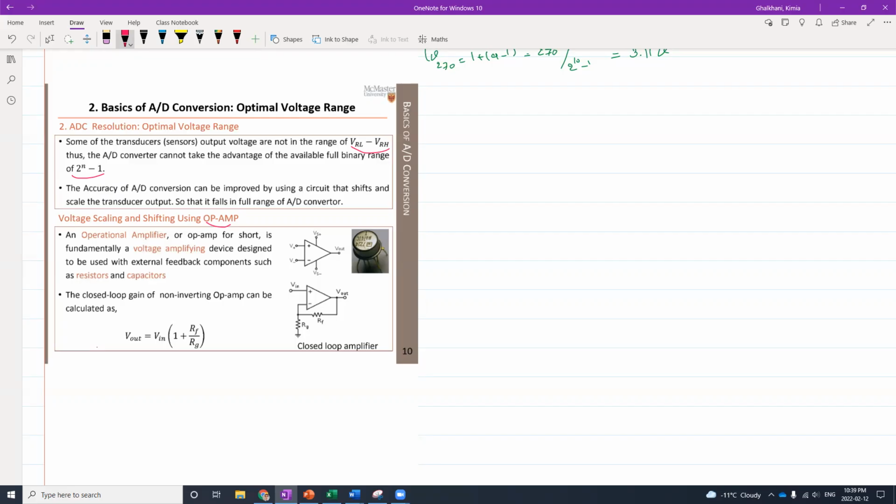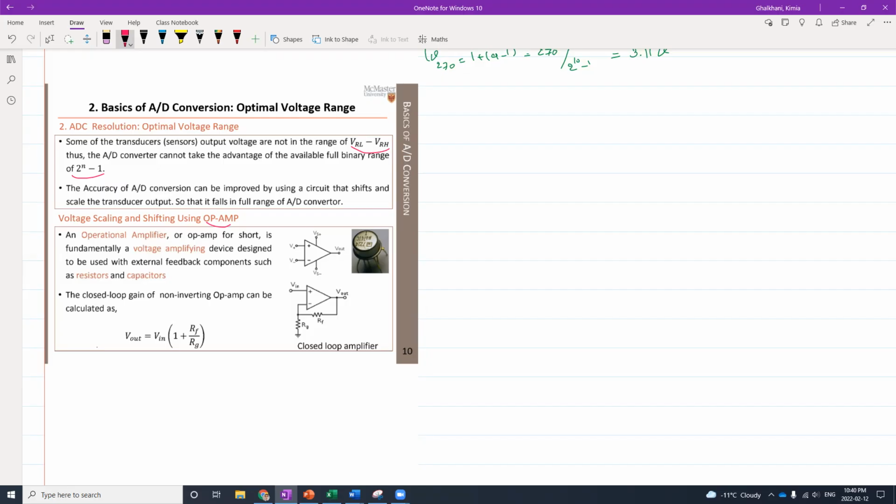It can be called the best analog circuit to match the spans, because it can level shift or amplify the input voltage to make the spans. So it means it can simply convert resistance to voltage, right?